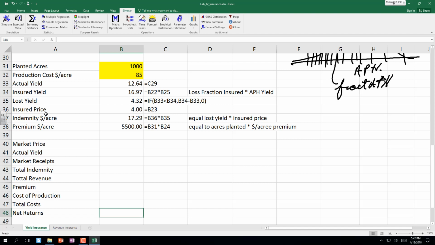Now, there's another way to check this really easy. Since we're insuring at 16.97, if you typed in 15.97 right there, it would come back at 0.99. There's some round off in there, decimals, times $4, it would be $4. So you can check yourself.